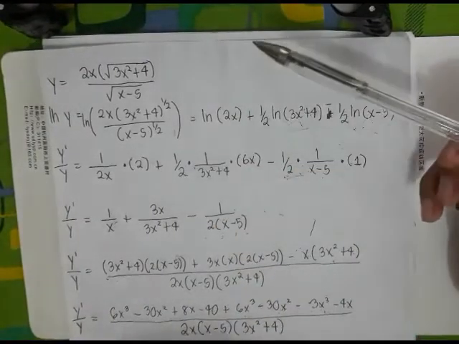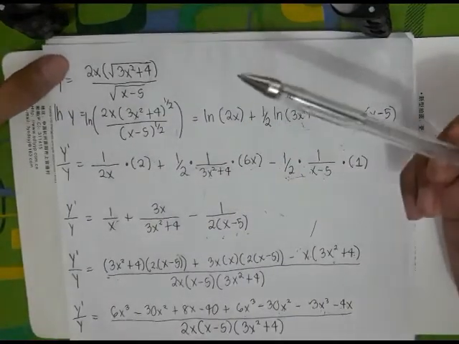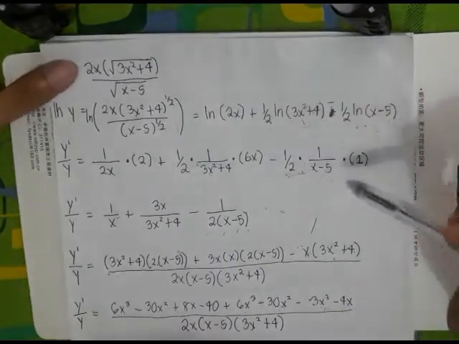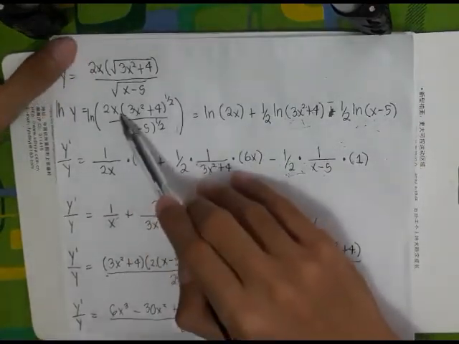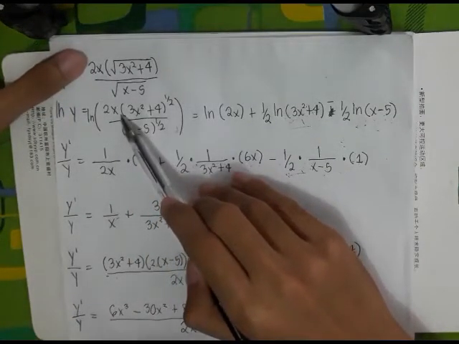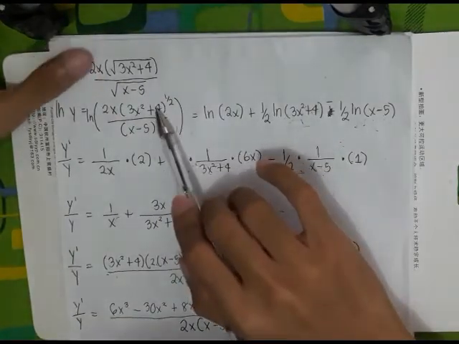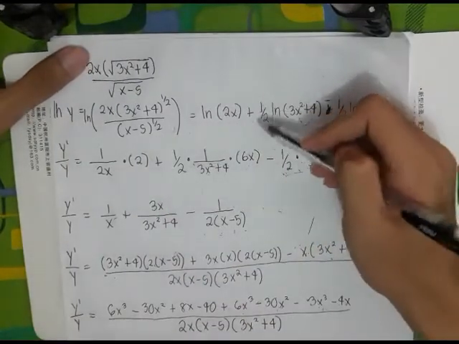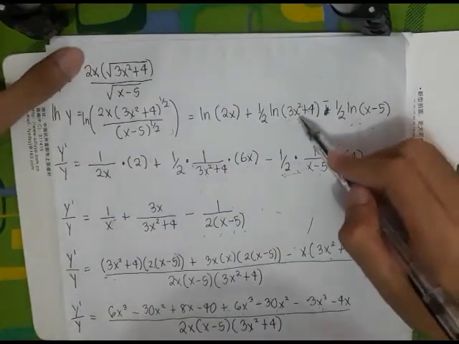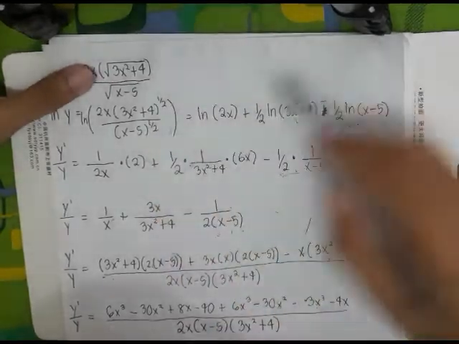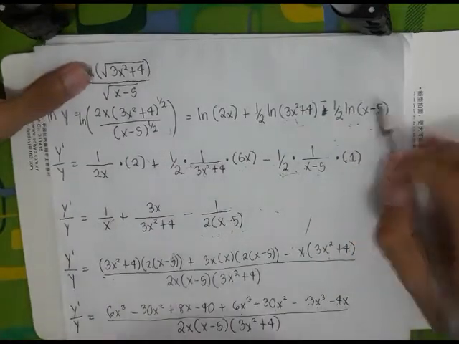In logarithmic properties, if the expression is a fraction or division, the process changes into subtraction: the numerator minus the denominator. In the numerator we apply multiplication, which in logarithmic properties changes into addition. So it will be ln 2x plus 1 half ln of 3x squared plus 4, minus 1 half ln of x minus 5.